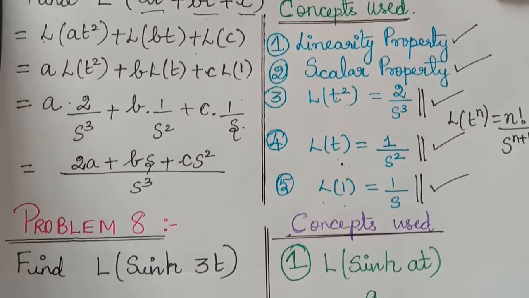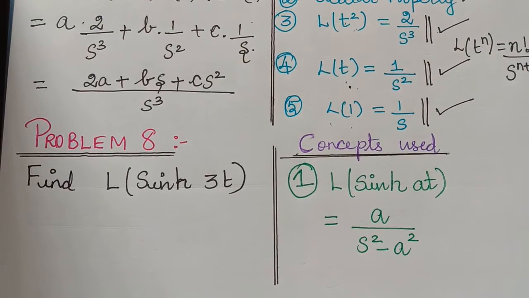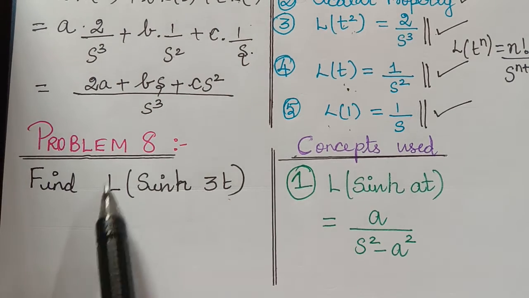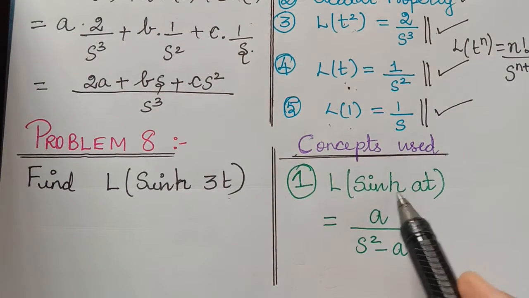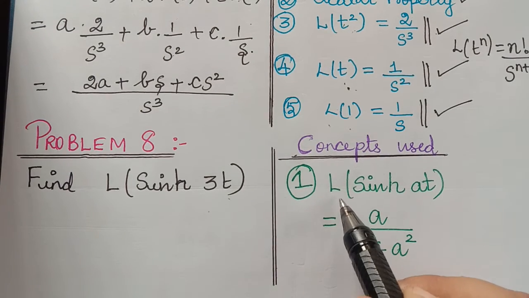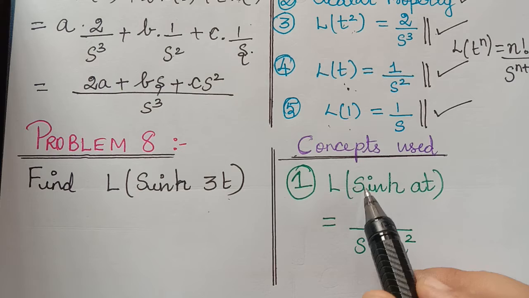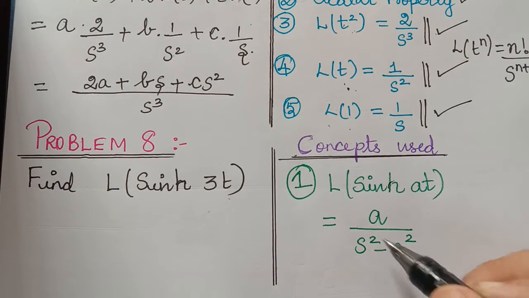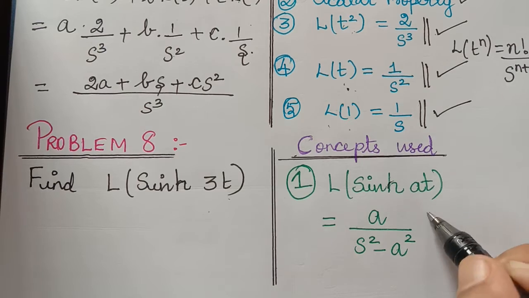Next we will move on to problem 8. Problem 8 is Laplace transform of sinh 3t. Now this is very simple, we can just apply the direct formula and we can get the answer. We know that the result for Laplace transform of sinh at is equal to a divided by s square minus a square.